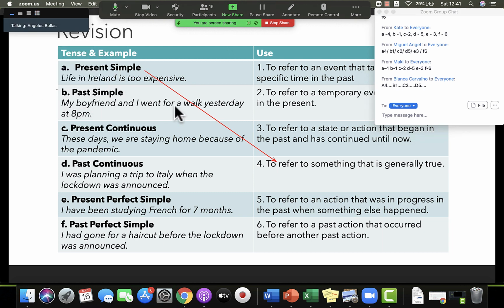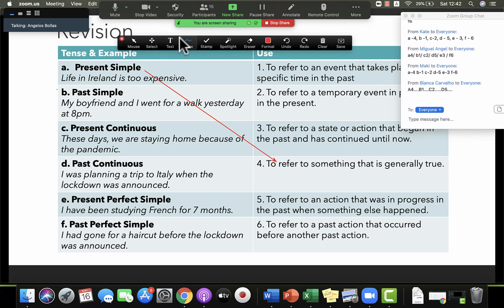My boyfriend and I went for a walk yesterday at 8 p.m. and I can see you all agree that the correct answer here is 1. So you say we can use that to refer to an event that takes place at a specific time in the past. And it is quite important here to note that we have the time.